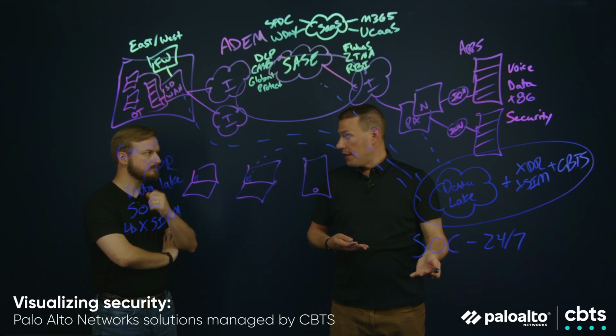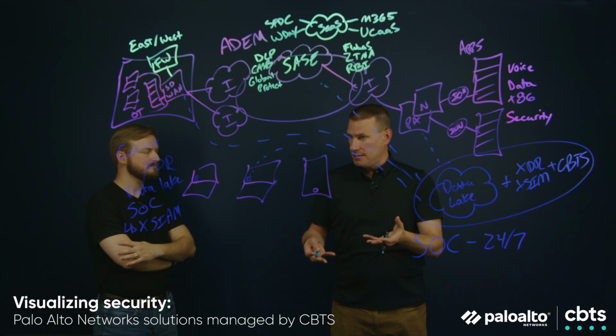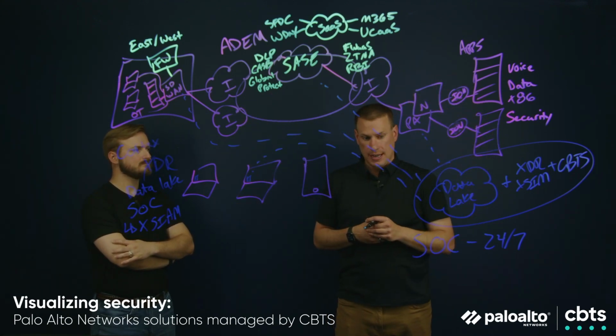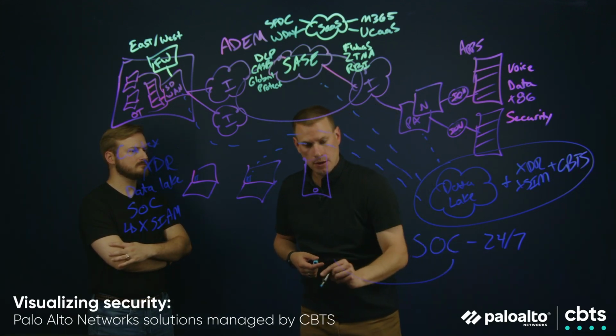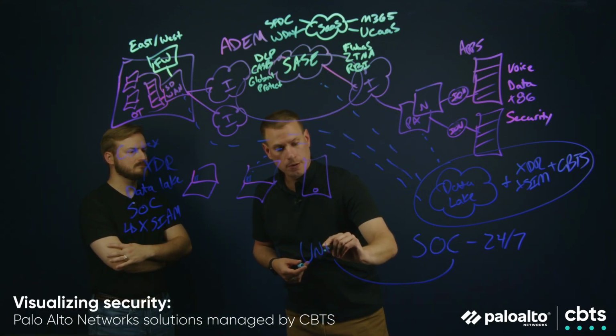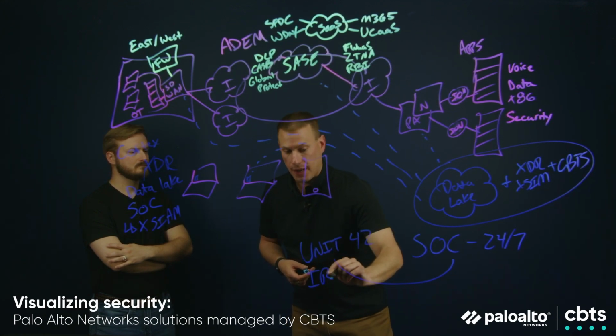Once we alert on this, right, it's one thing to say, we've noticed this is an anomaly, we've stitched together all of this data. We then partner with Unit 42 from Palo Alto for our incident response.